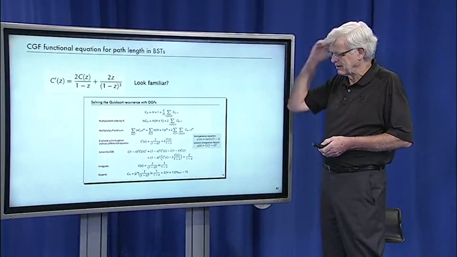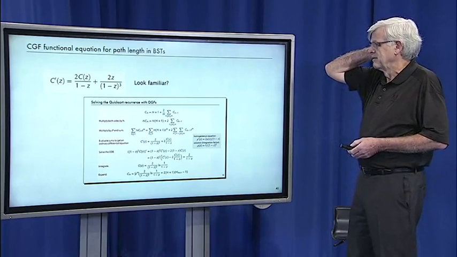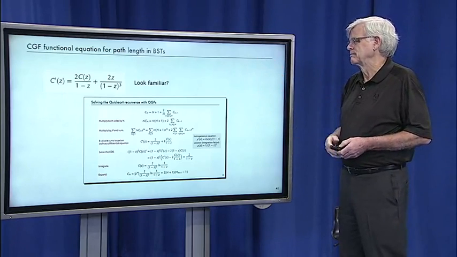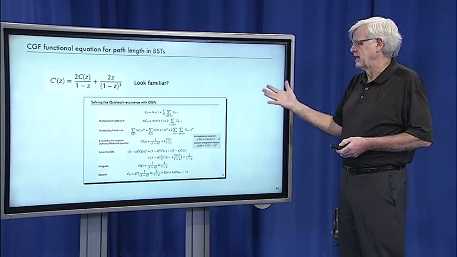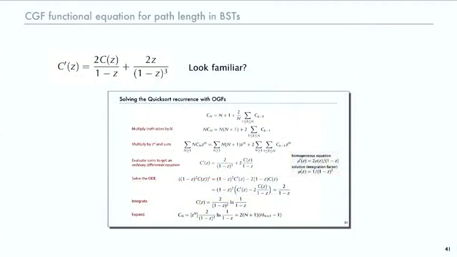I guess it came up in the generating function lecture. Pretty much the same equation. Just with that observation, we solved that because it's a first order differential equation that has a simple integration factor and was not difficult to solve.